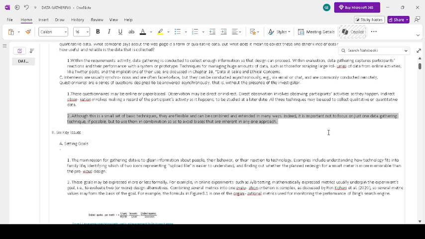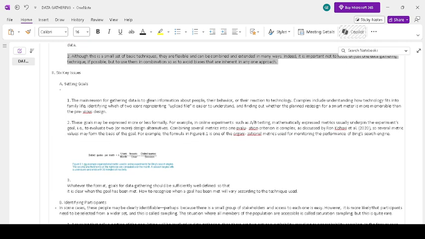Indeed, it is important not to focus on just one data gathering technique, if possible, but to use them in combination so as to avoid biases that are inherent in any one approach. So these data gathering techniques are usually combined to avoid bias. Later we will explain why we need that. There's actually a theory behind why we need to do this to reduce the bias.